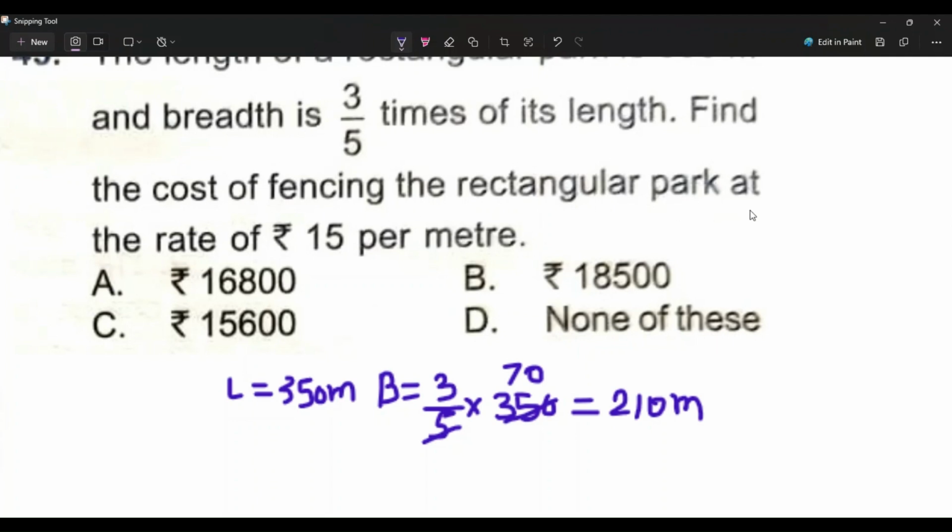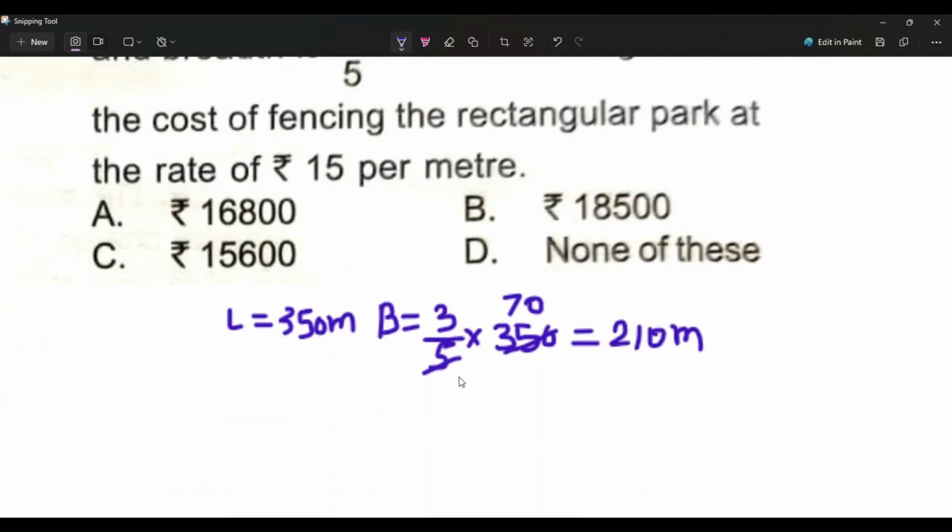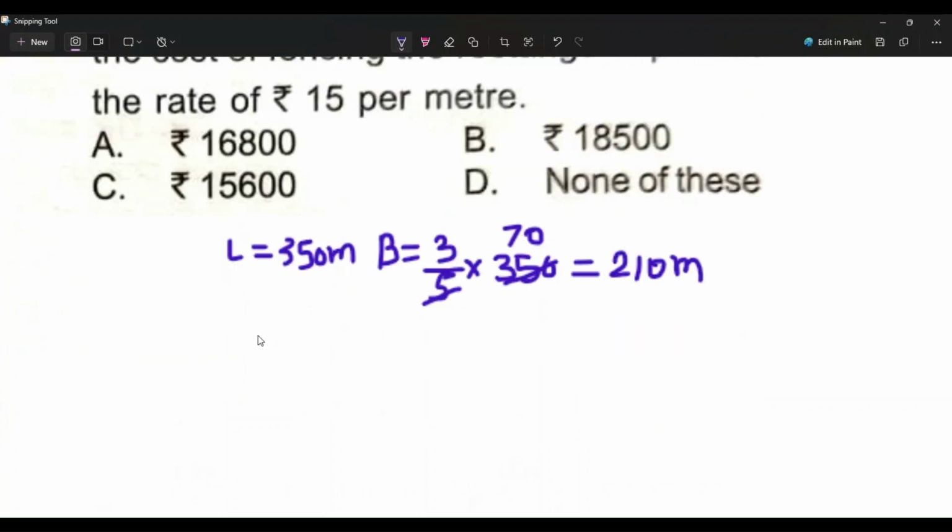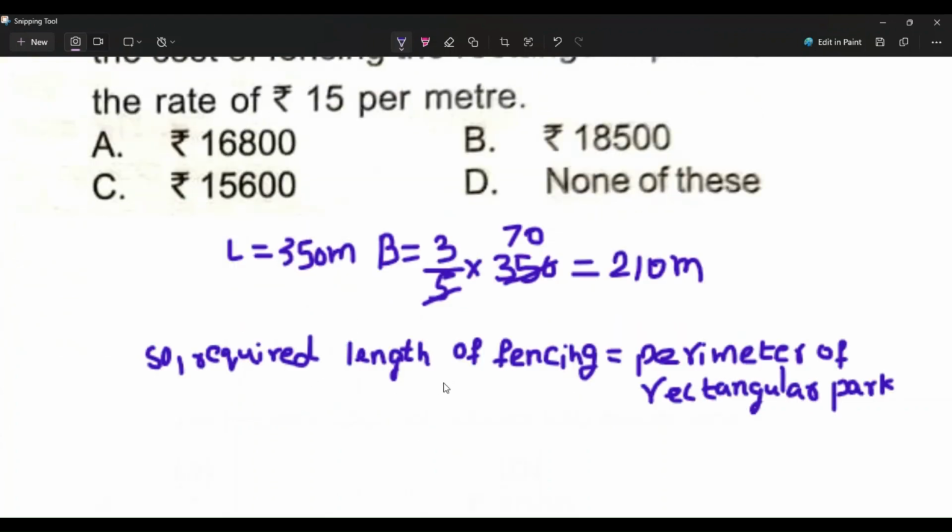Find the cost of fencing the rectangular park at the rate of rupees 15 per meter. So required length of fencing is equal to perimeter of rectangular park. Perimeter is equal to 2 into (L plus B). L is nothing but 350.